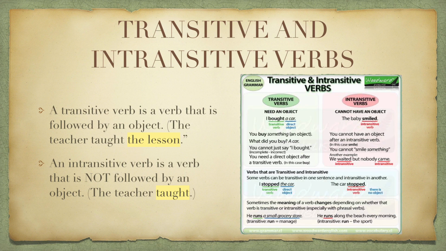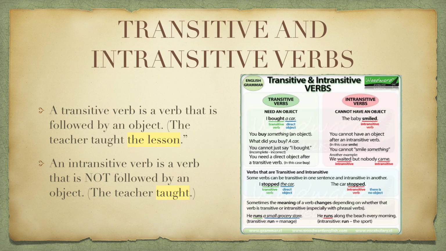Remember, boys and girls, if you are not sure about a subject and an object, ask yourself the question, for a subject, who or what is doing the verb? So in this case, who or what is teaching? The teacher is teaching. Therefore, the teacher would be your subject.